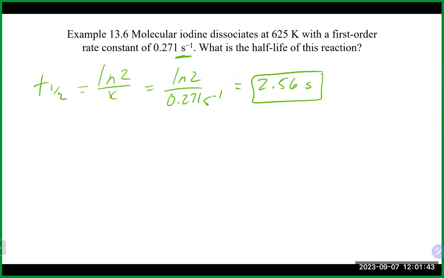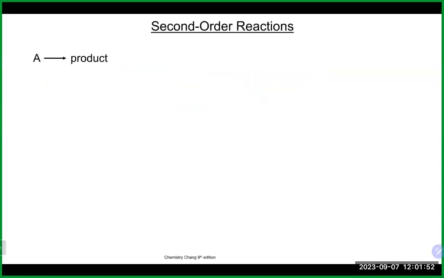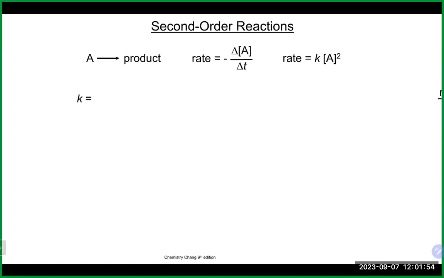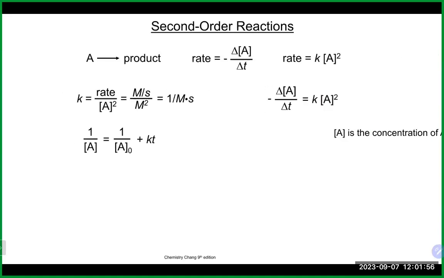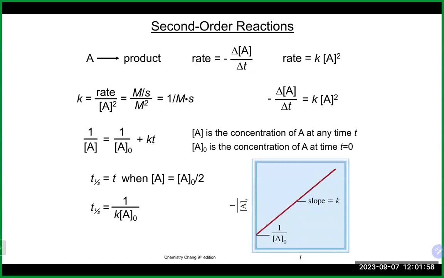All right, so there are some other common orders of reactions that we do come across. Let's talk about the couple of other ones that are important. The next type of reaction is a second order reaction, and it is a little bit different in terms of the formulas that we use.